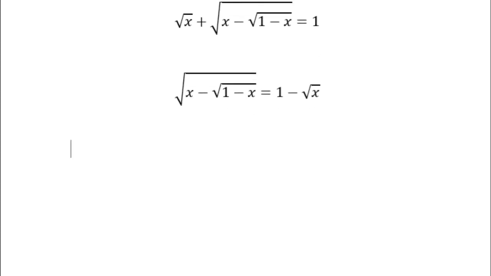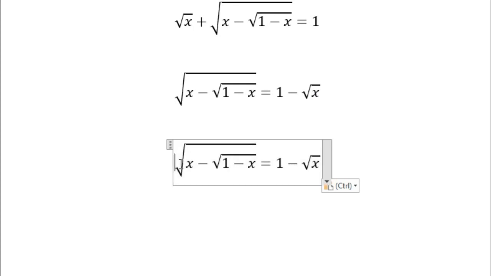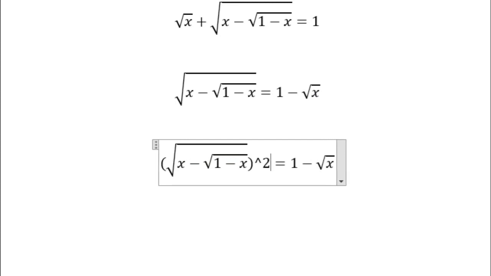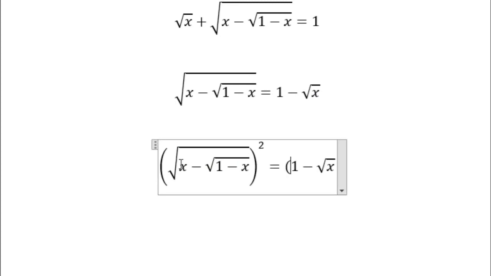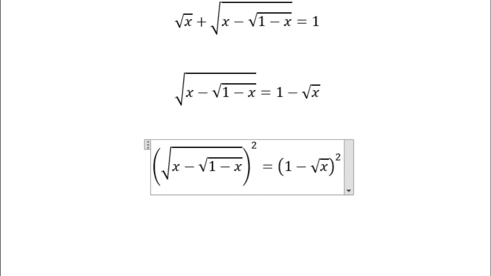So now we are going to square both sides of the equation, so the equation remains equivalent. So let's do that. We're going to square both sides of the equation. Square the left side and the right side. Okay, what do we achieve by doing this?